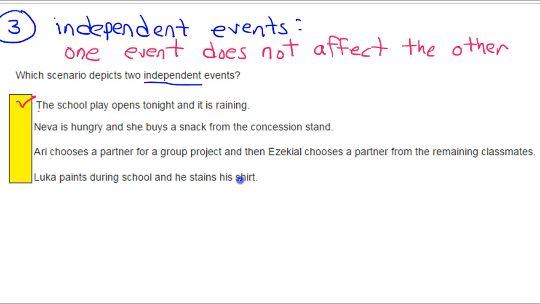So those are dependent. Luca paints during school and he stains his shirt. Those are not independent, because if Luca paints, he's more likely to stain his shirt.